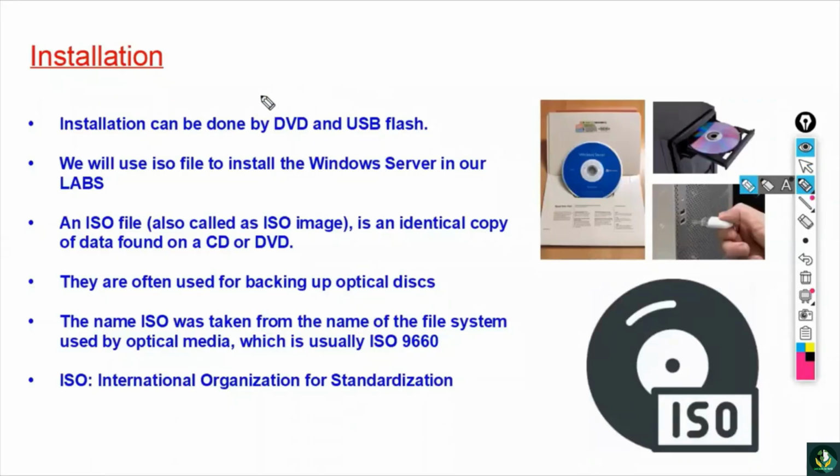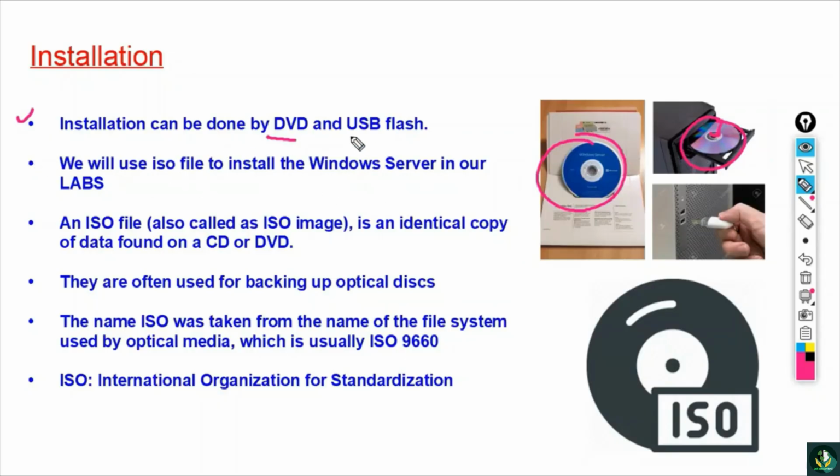You will see how to install the Windows Server operating system. There are multiple ways to install the operating system. So installation can be done by DVD. You will take the Windows Server DVD, you will insert that DVD into the DVD drive of the server, then you will power on the server. Server will detect this DVD and it will install the operating system.